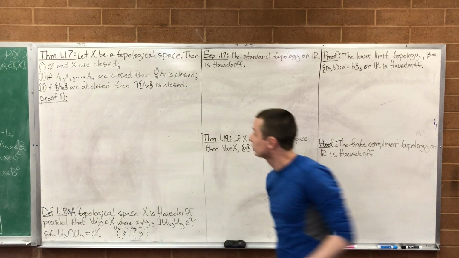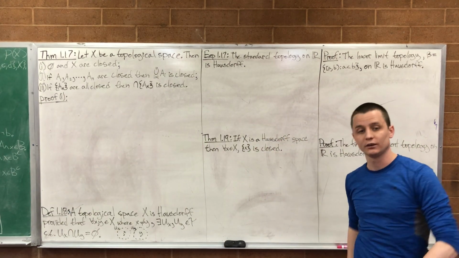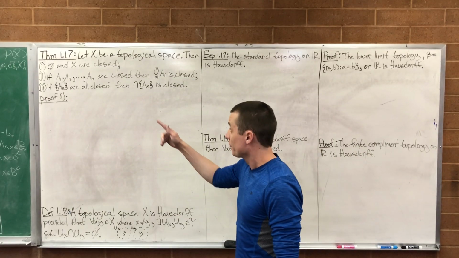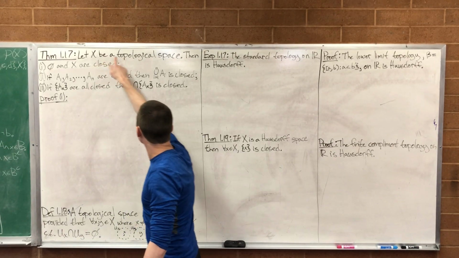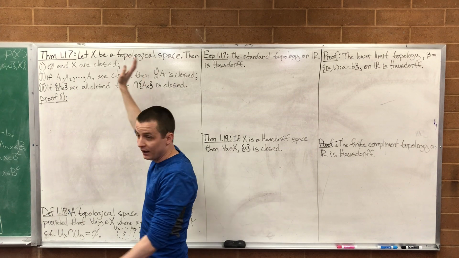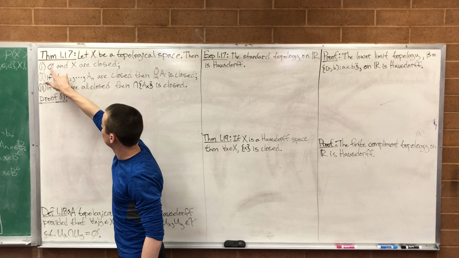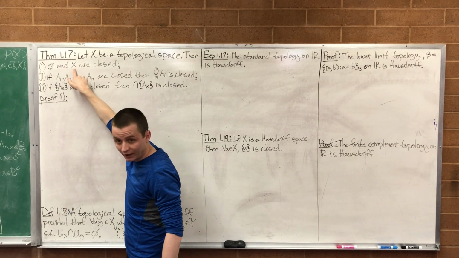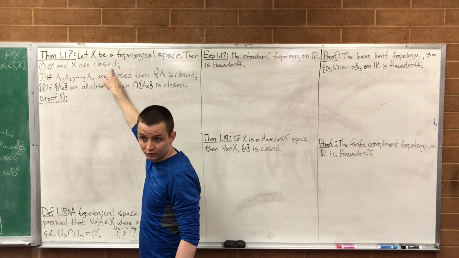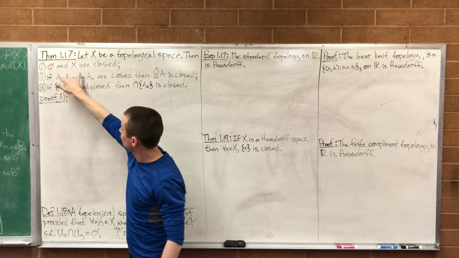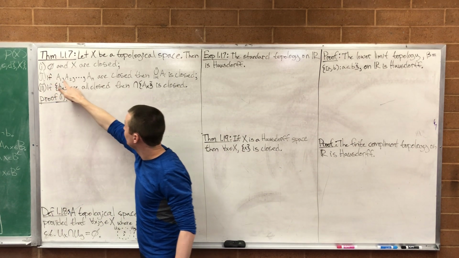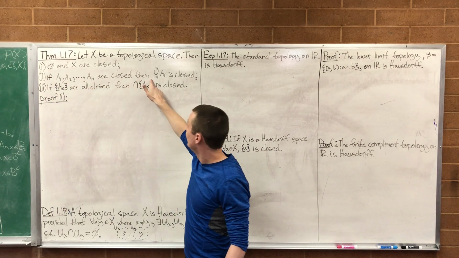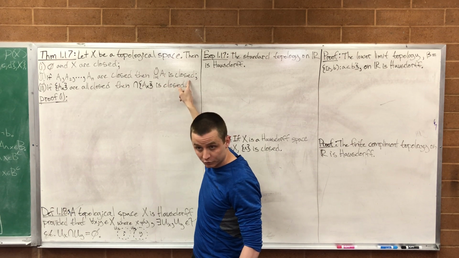Now we'll prove some interesting properties that closed sets always satisfy. And pay attention to how this corresponds with open sets. So let X be a topological space, then it's always going to be the case that the empty set and the entire set X are closed. Notice over there that those sets are also required to be open. Secondly, if you have a finite number of closed sets, then their union is closed.